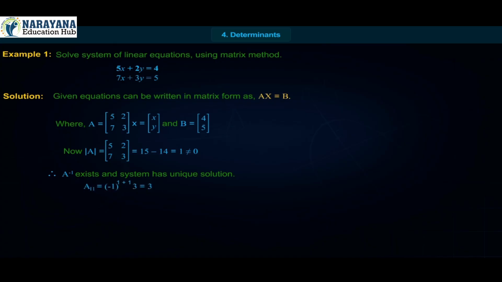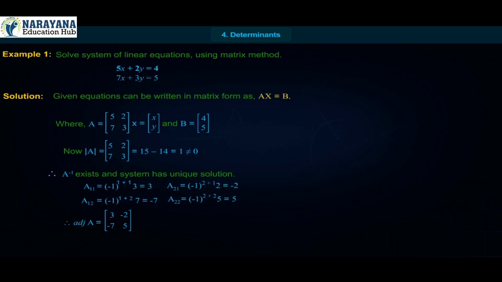A11 = (-1) raised to 1 + 1 into 3 = 3. A21 = (-1) raised to 2 + 1 into 2 = -2. A12 = (-1) raised to 1 + 2 into 7 = -7. A22 = (-1) raised to 2 + 2 into 5 = 5.